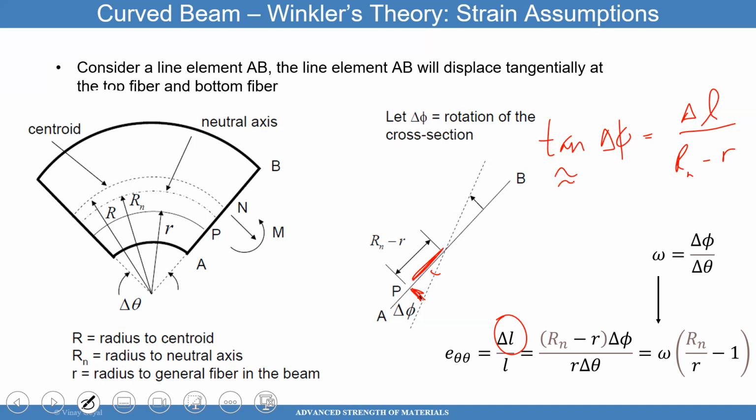But this is approximately equal to delta phi. So I can solve for delta L and I get this. Does that make sense? Why delta L is that much? Okay.